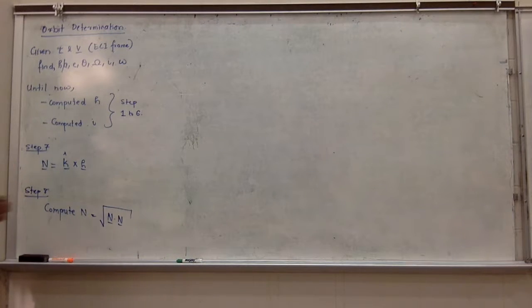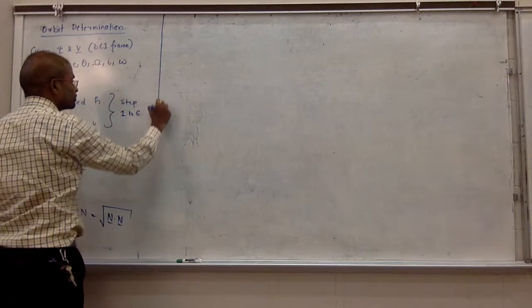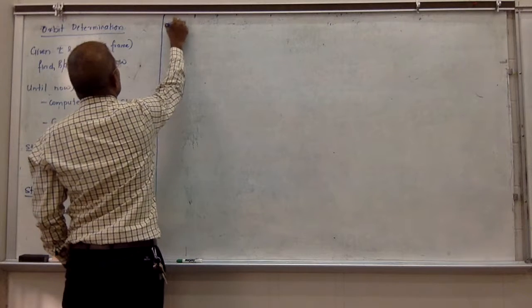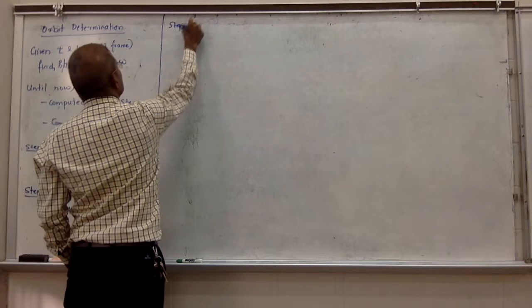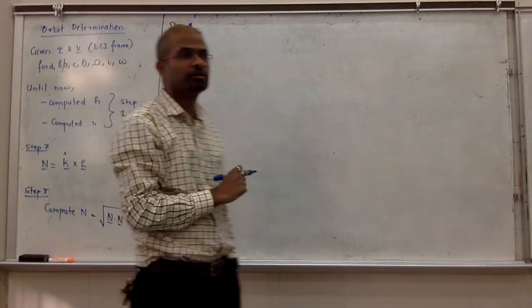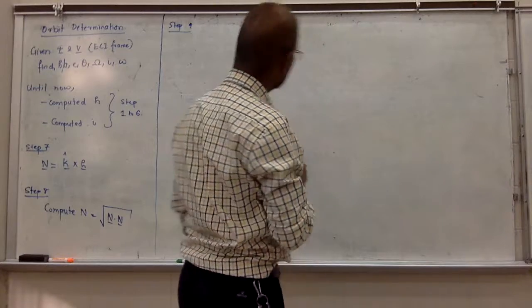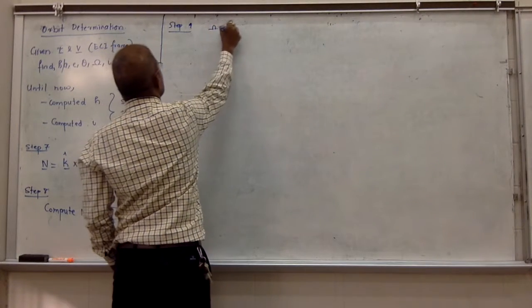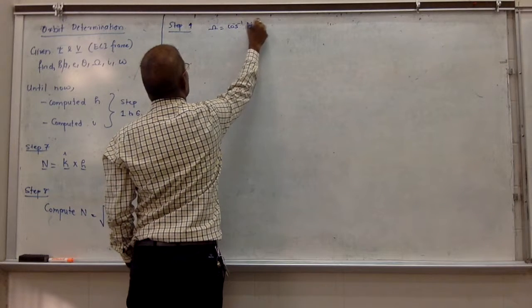Now your capital Omega is defined with respect to n, so you can say Omega is inverse cosine of nx over n.